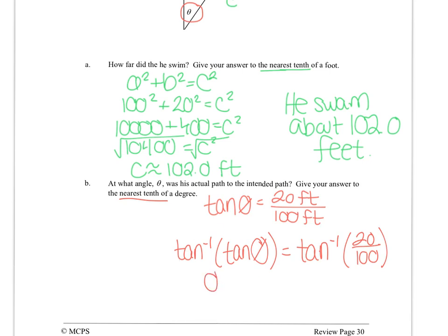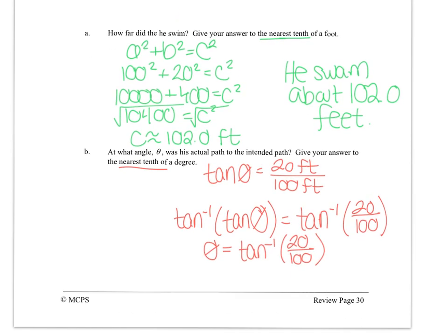I'm just left with theta, and theta is going to equal the inverse tangent of 20 over 100. I'm going to use my calculator. The inverse tangent button is second tangent, and what we're going to get is theta equals approximately 11.3 degrees. And so the angle of his actual path to the intended path was 11.3 degrees.